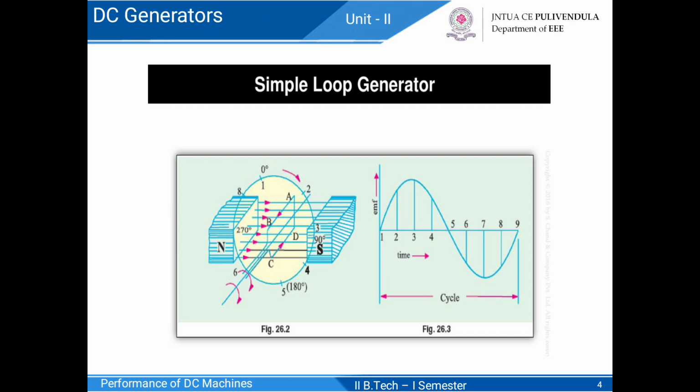So for making the flow of current unidirectional in the external load resistance, the slip rings are replaced by split rings.